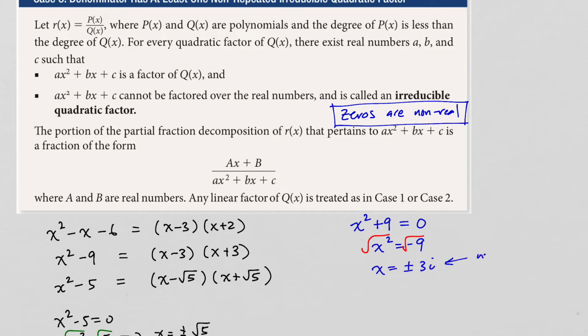So notice that the zeros here are non-real, and that means if you tried to factor this, x squared plus 9 would be x minus 3i times x plus 3i, right? And this is what we mean when we talk about being irreducible, because we have to use complex numbers to factor it.